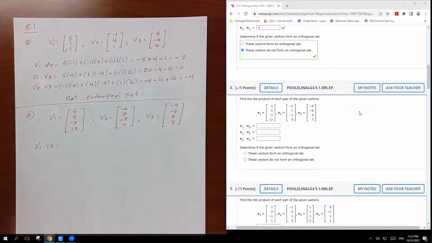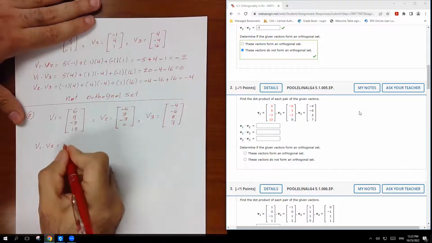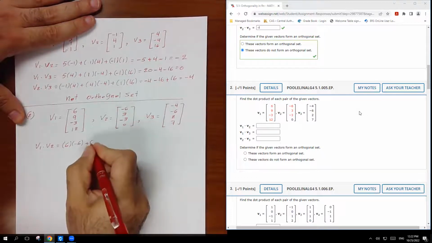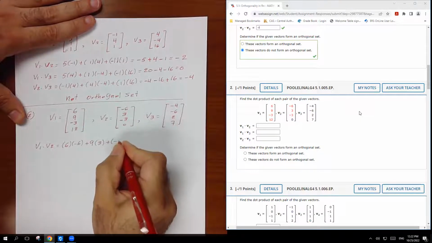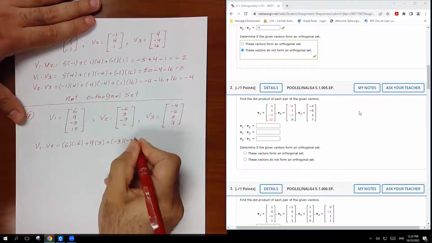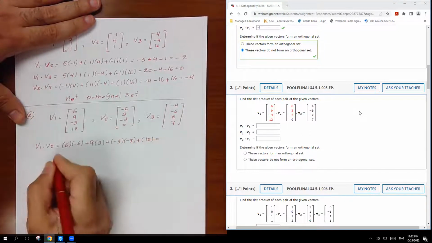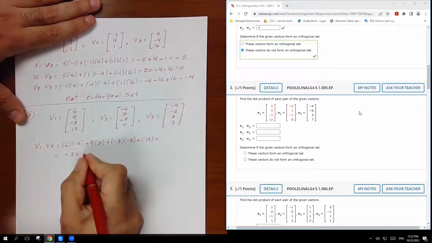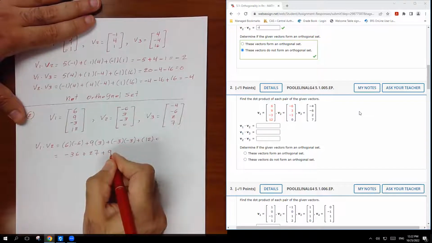So 6 times -6 plus 9 times 3 plus -3 times -3 and plus 12 times 0. So it's going to be -36 plus 27 plus 9 plus 0.